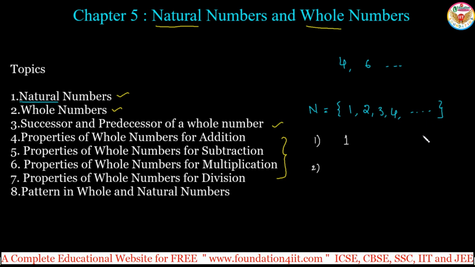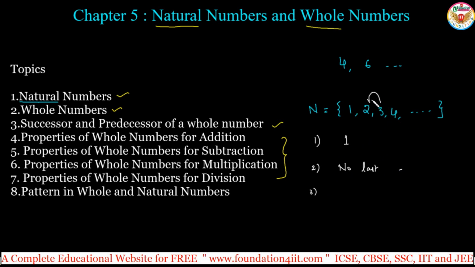If it is 1 lakh, then 1 lakh and 1, then 1 crore, and 1 crore and 1. So there is no end number. That means the last and the greatest natural number cannot be obtained. In fact, there are infinite natural numbers, like the counting of stars in nature. So it's infinite.